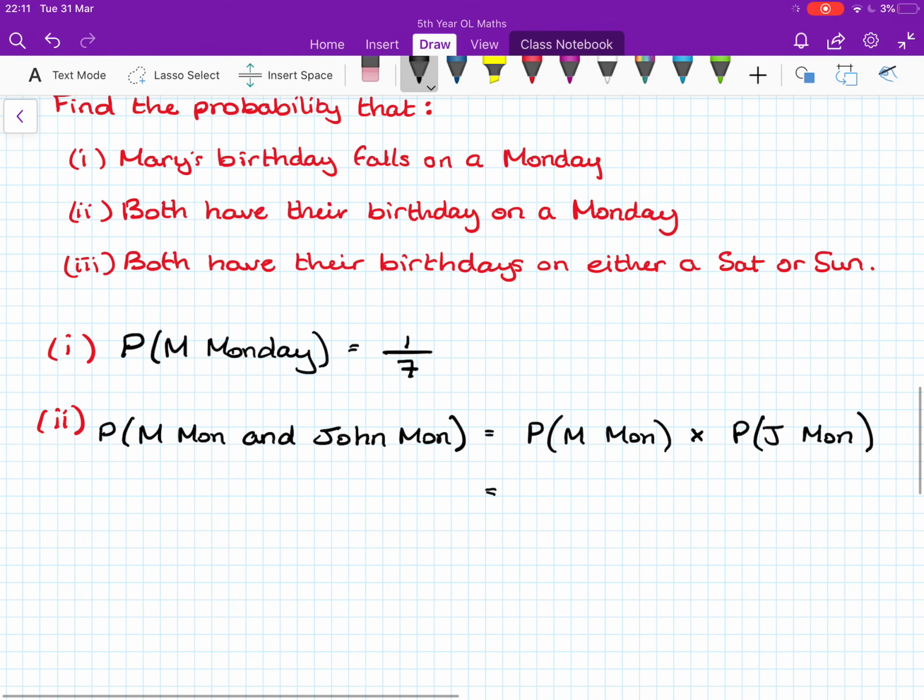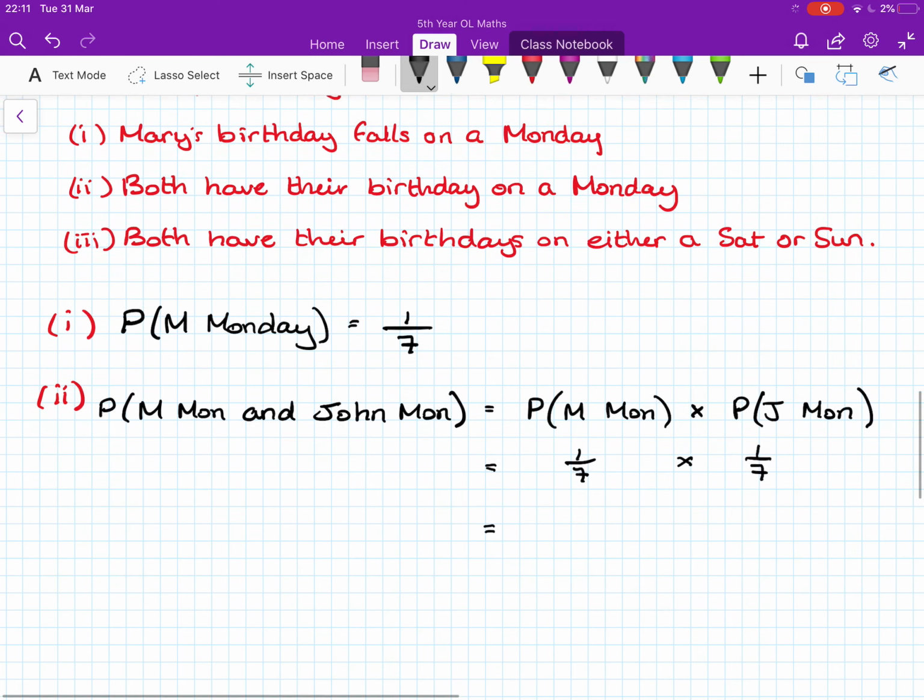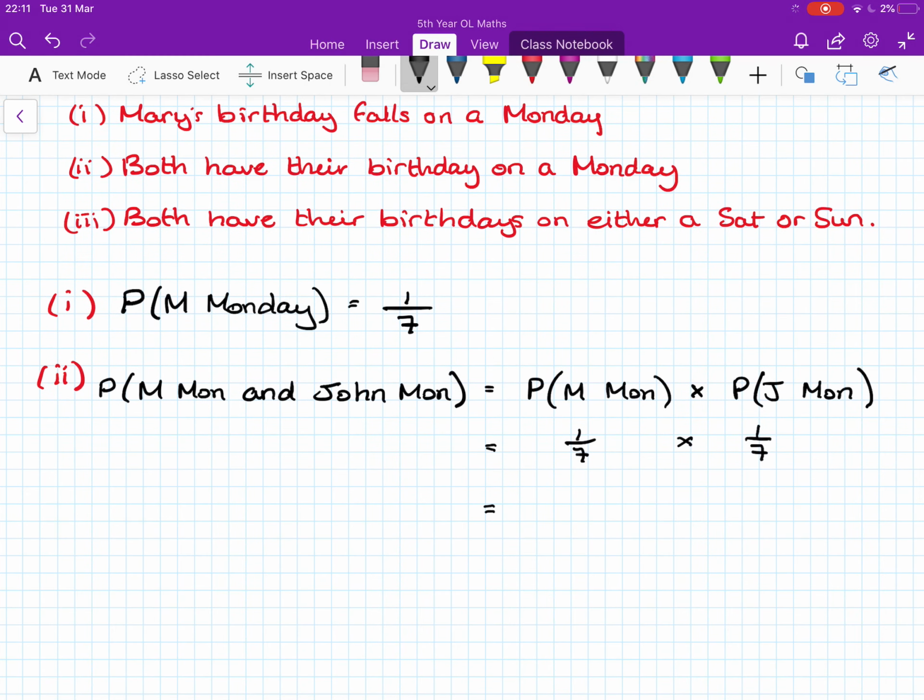We know the probability of Mary having her birthday on a Monday is 1 out of 7, because we already found that in part 1. The probability of John having his birthday on a Monday is the same, as there's one possible day in the week that he can have his birthday on. And then our rule is to multiply these by each other.